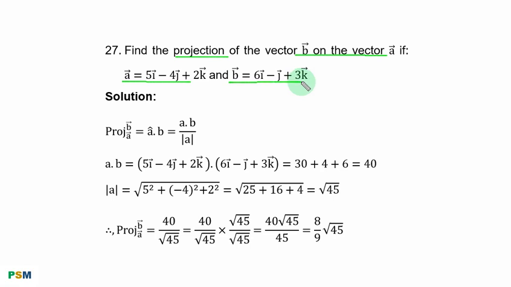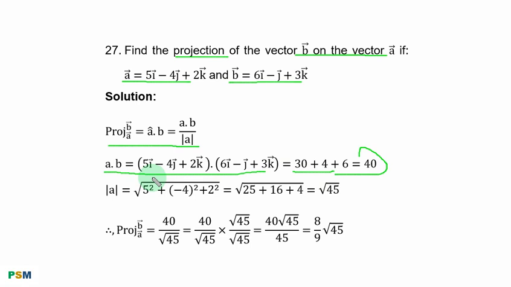Solution: the projection of vector B on A is given by this formula, that is the dot product of the two vectors over the magnitude of the vector A. So the dot product is equal to this, and you have 30, that is 5 times 6, 30, plus minus 4 times minus 1, you have 4, plus 2 times 3, you have 6, and that is 40.